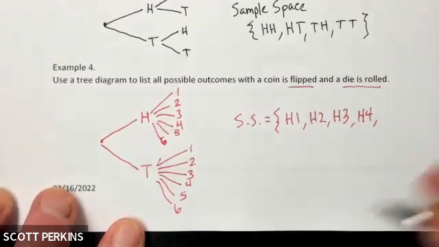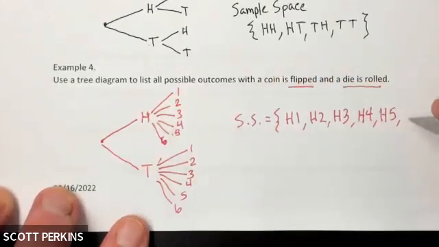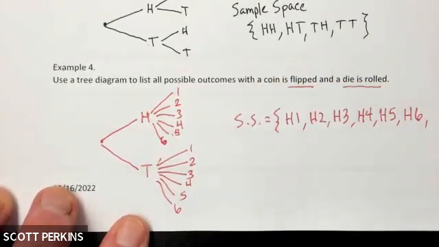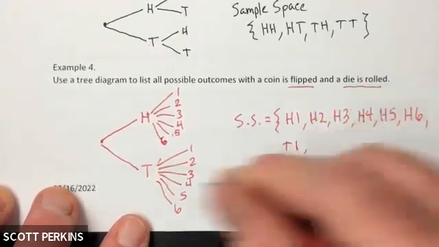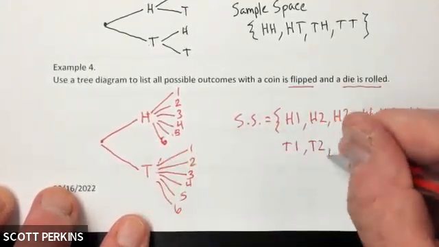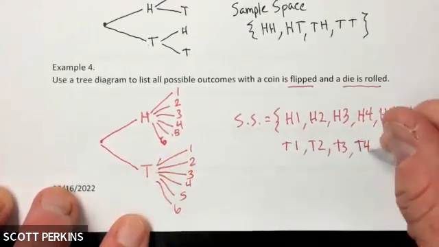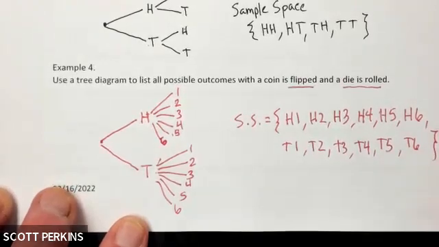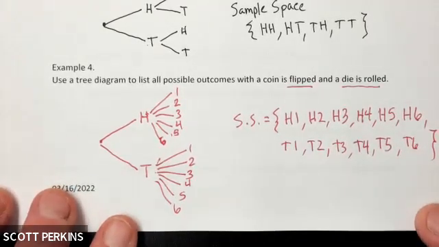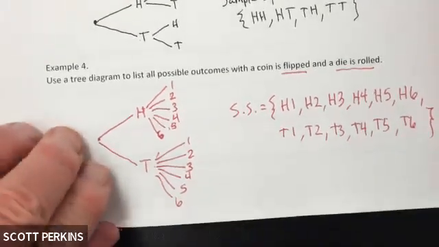And that is my purpose for doing a sample space. Heads and 5, and then heads and 6, and that exhausts the top branch. And now I'm going to move to the bottom branch: tails and 1, tails and 2, tails 3, tails 4, tails 5, tails 6. A little better? Okay, good. I'm going to flip the page. We're just going to do another one now.